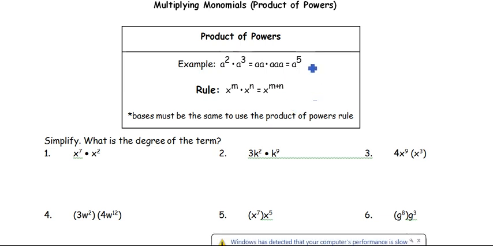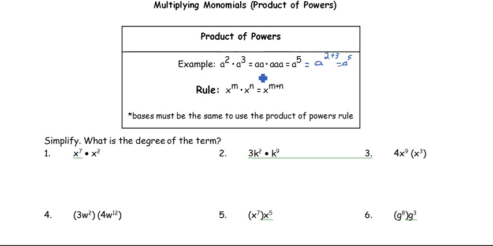Another way to look at this: when you're multiplying these a's and they have different exponents, what you do is you add the exponents. So it would be 2 plus 3, or again a to the 5th.